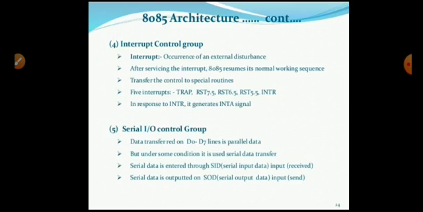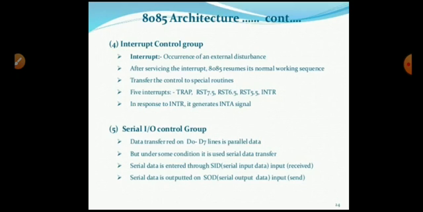Except INTR, all have an interrupt vector location. Generally, the vector location of the interrupt is calculated as the interrupt number multiplied by 8. The answer is in decimal. If you convert it into hexadecimal, it will give the vector location of the interrupt.